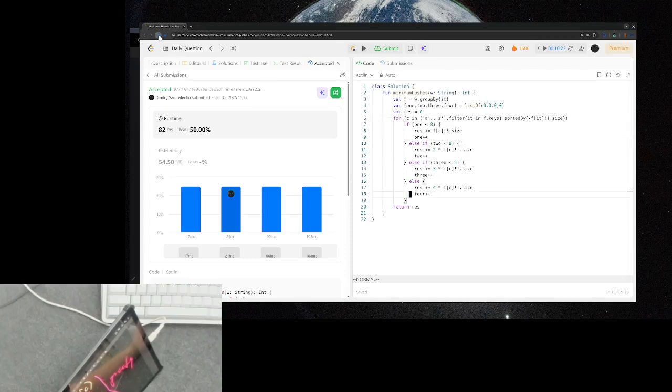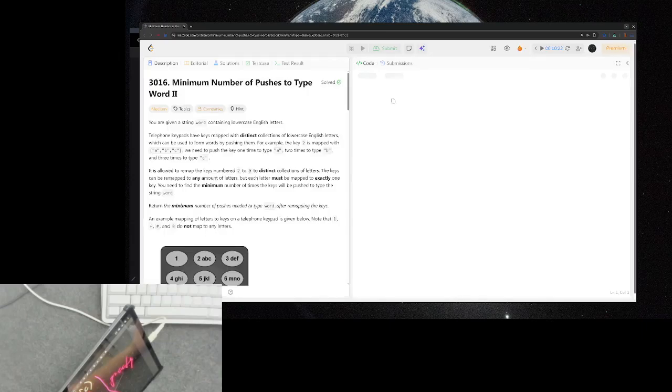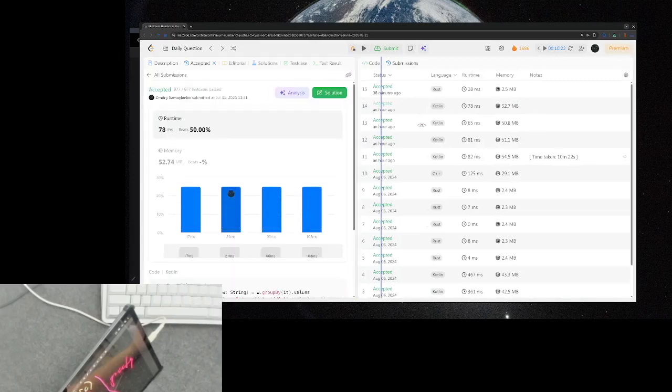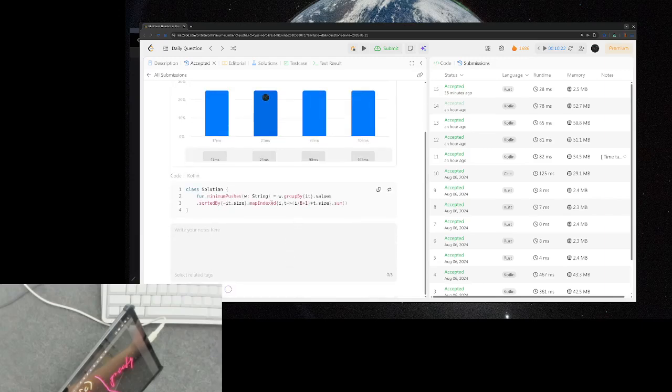Let's look at the actual clever code. That's where the fun stuff starts, and we can make some decisions based on what happened under the hood. So we're taking the same first steps as the previous one: group by, then values, then sort them descending, and after that we're doing the magic.